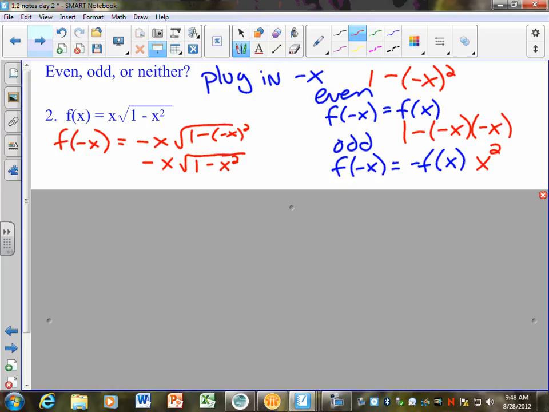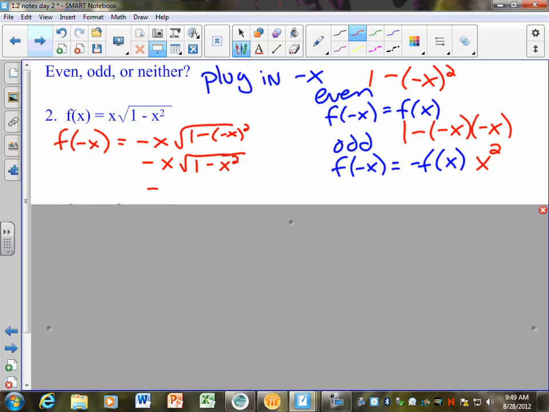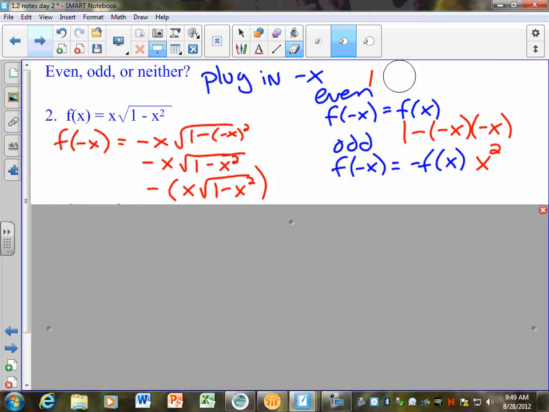What about odd? Is it the exact opposite of what I started with? I know some people get confused by this one. I would say yes, because this is multiplication, and if I factored out a negative from this, I only take that negative out one time. Like, I don't distribute that negative, and people get really confused by multiplication as opposed to addition. Right?